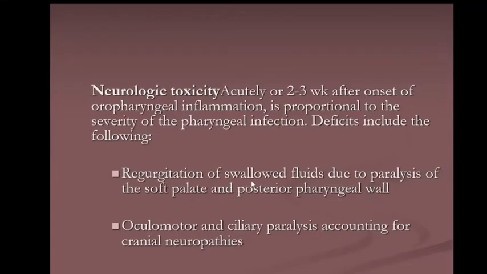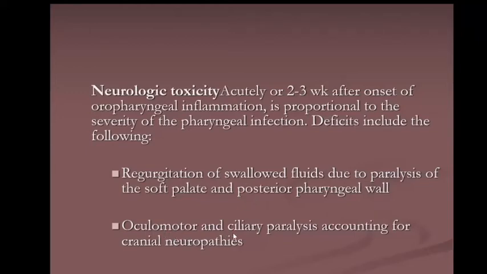One is acute, meaning the direct toxin can cause palatal paralysis immediately. Then the other is late neurology. So you have regurgitation of fluid or feed, then paralysis of the soft palate and posterior pharynx. That can present as nasal intonation of the voice and regurgitation.